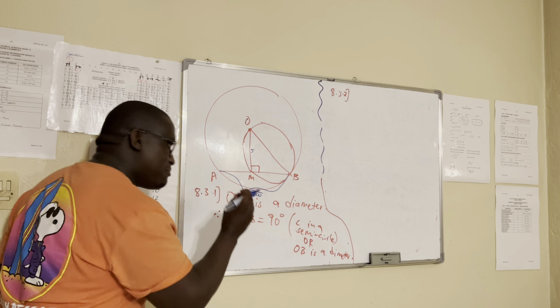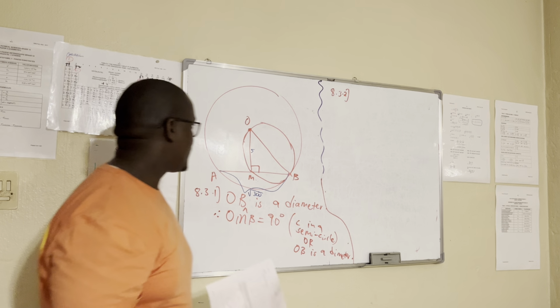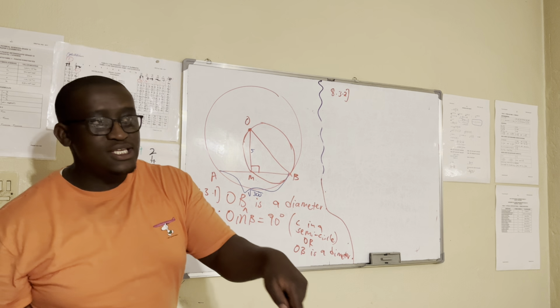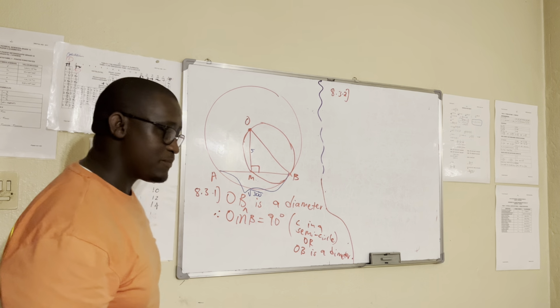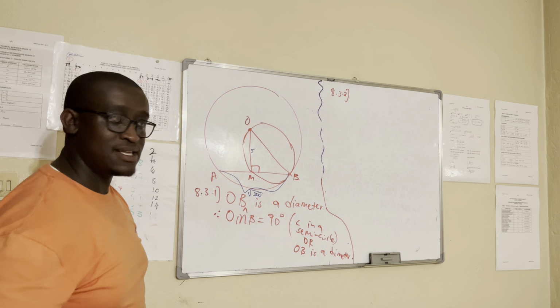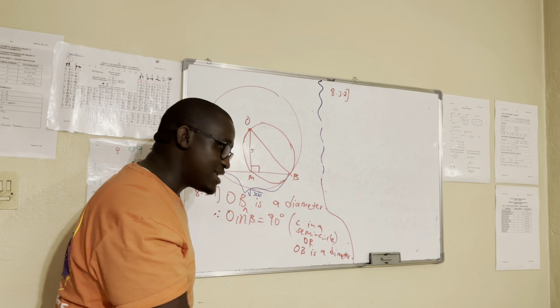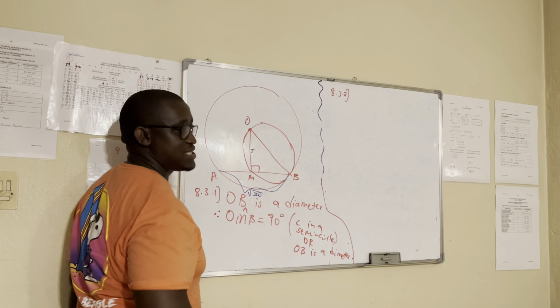Remember that theorem from grade 11: if a line is drawn from the center perpendicular to the chord, it bisects the chord. For the first question we couldn't use that because we didn't know it at that time, but now I have identified this is 90 degrees, so this line is perpendicular to the chord.